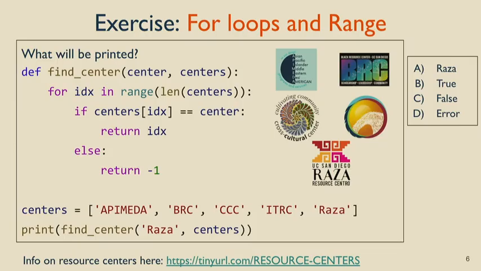So what's this range function going to give us right now? We're looking at the length of centers, right? We saw centers before. And we know what len does. Len gives us the length of a list. What's the length of this list? 1, 2, 3, 4, 5. It's going to give us 5, right?